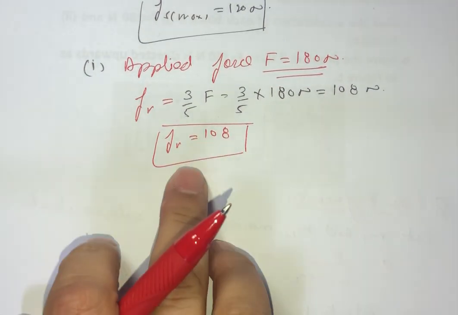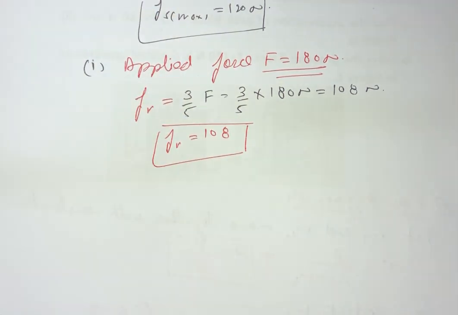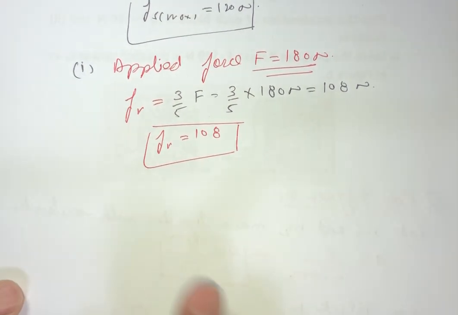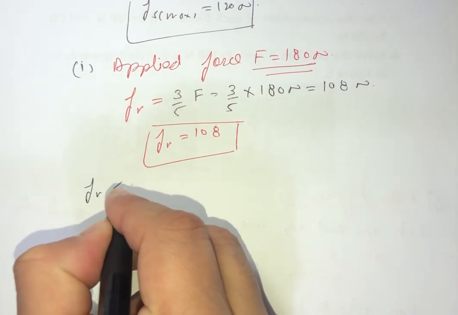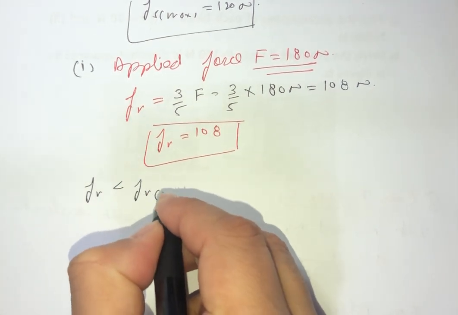And we compare this value of the friction with the maximum value of friction, you can say that our Fr is less than Fs max.